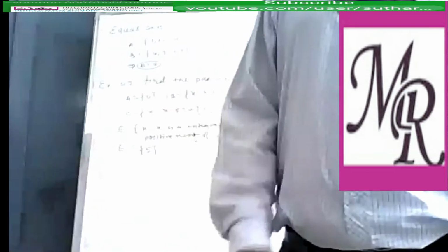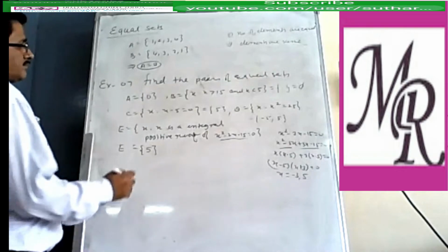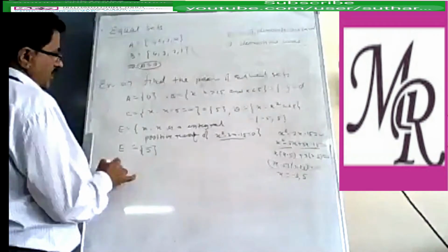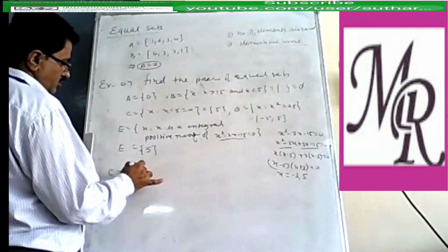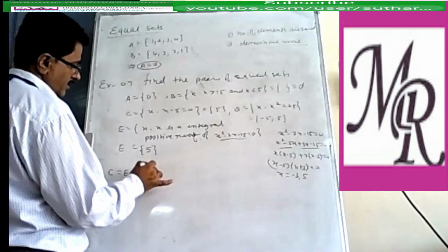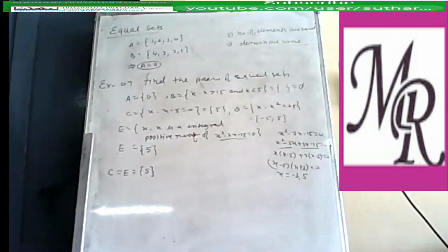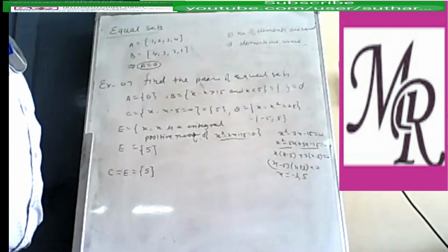Now the question says, out of these, which pair is equal? C and E are equal, because both contain element 5. Is there any other pair which is equal?